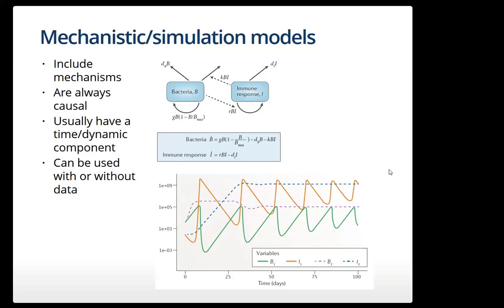The hallmark is that they include mechanisms by which components of the system interact. So in this very simple example, there are just two components: the bacteria component and a single immune response component. And they interact, they do things.